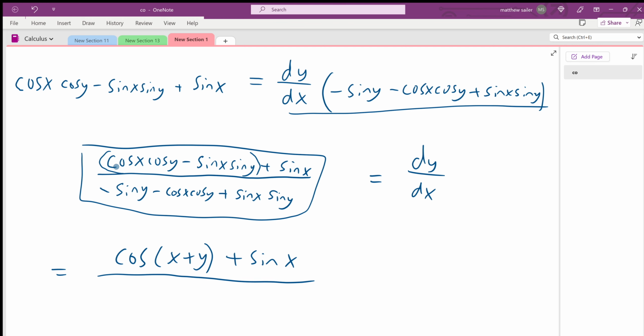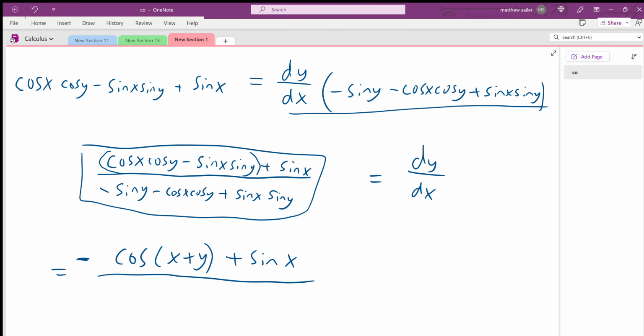So what I actually ended up doing was I put a negative in front of this, and then put a negative to every term in the denominator. So overall, this is basically the same thing as saying we're going to multiply -1 over -1 to the top and the bottom, so that it's still equal to the same thing.